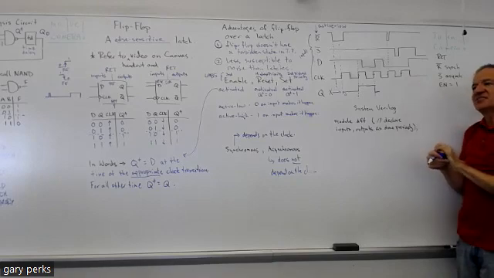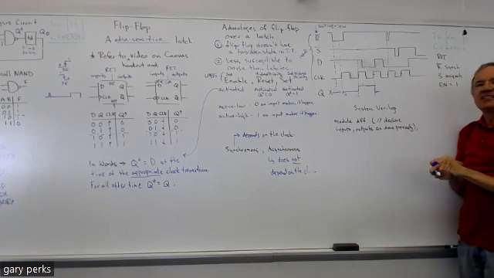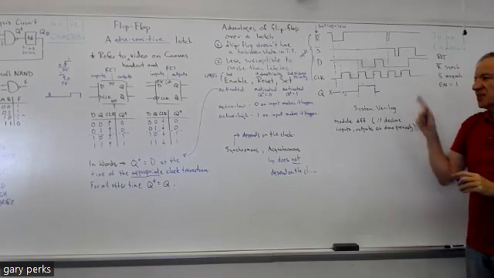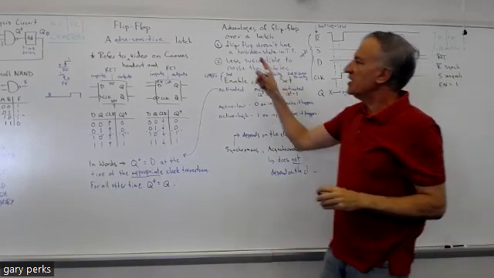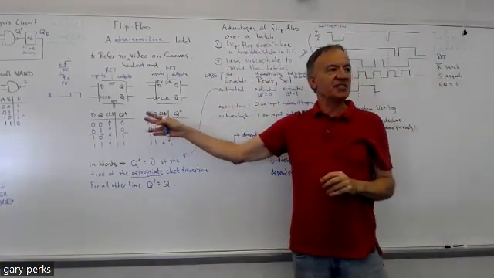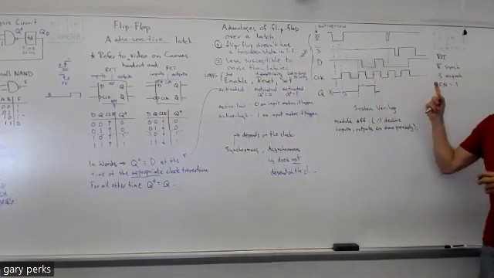This is ambiguous, right? Because if you have a synchronous input changing at the same time as the appropriate transition of the clock, you don't know what value it's going to take. You could flip a coin. So the reason I did this on purpose is because even though a flip-flop doesn't have an ambiguous state in its truth table like a latch does, you can still have an ambiguous situation.